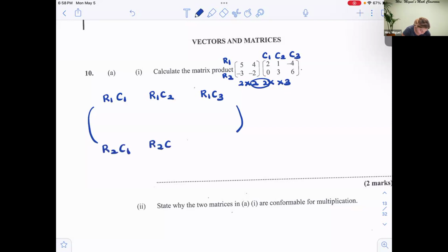Row 2, column 1, row 2, column 2, and row 2, column 3. Then the different colors. So you get a chance to work it out.